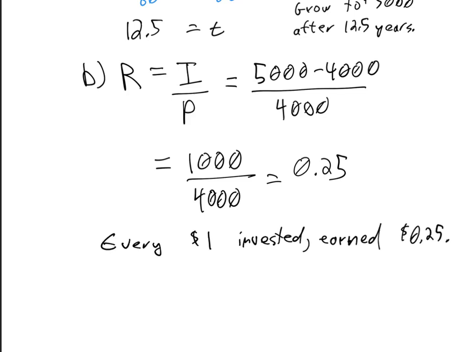So for every $1 that Charles invested, 25 cents was earned. That's what brought that $4,000 up to $5,000. So rate of return tells you your amount of earnings per $1 of investment. And that's our overview of Chapter 1.1, Simple Interest.